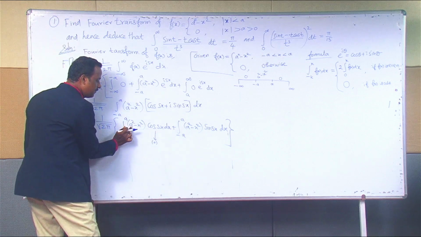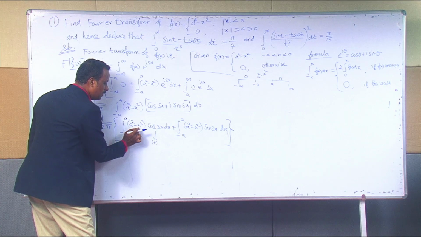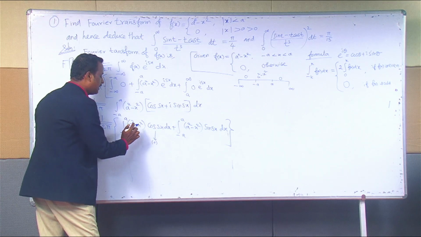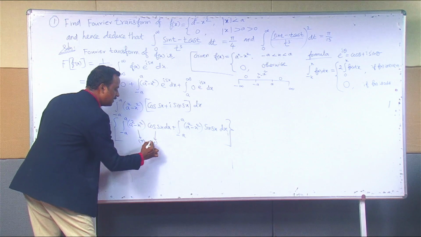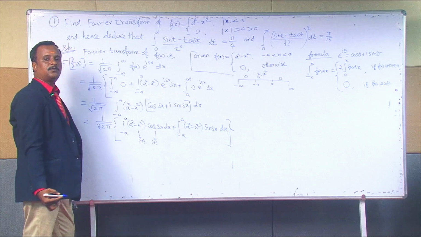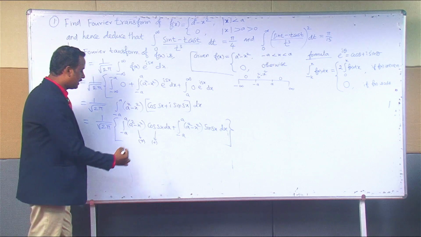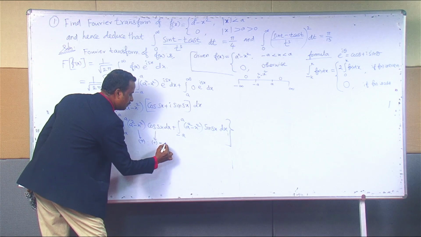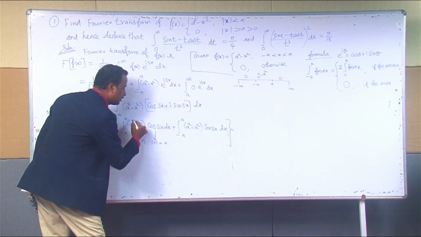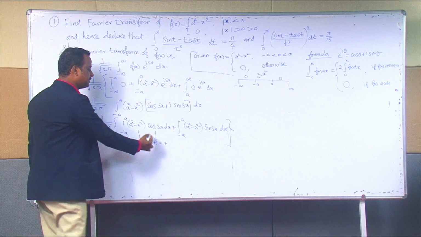So even function and even function: addition or subtraction of even functions is again an even function. So this is also plus, even function into even function. The product of two even functions, plus into plus, is again plus, therefore the total integrand function becomes an even function.